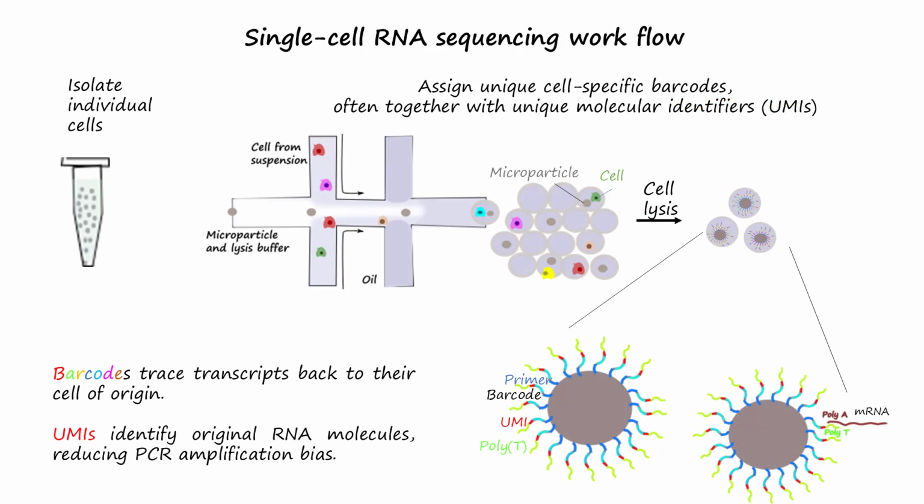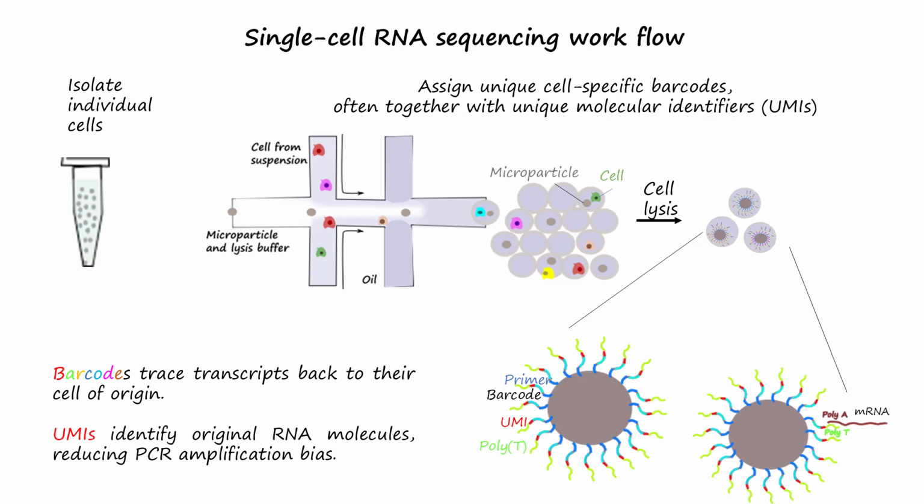Single-cell RNA sequencing differs from bulk RNA-seq primarily in the early stages of the workflow, where individual cells must first be isolated and their RNAs uniquely labeled before library preparation. Each cell's RNA transcripts are assigned a cell-specific barcode, often together with unique molecular identifiers or UMIs, during or immediately after reverse transcription.